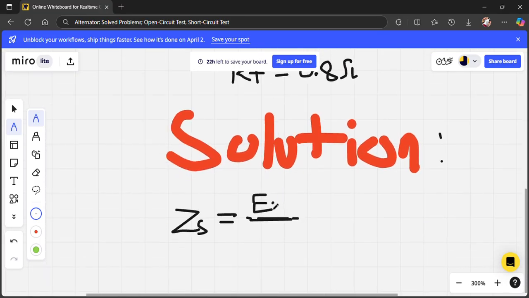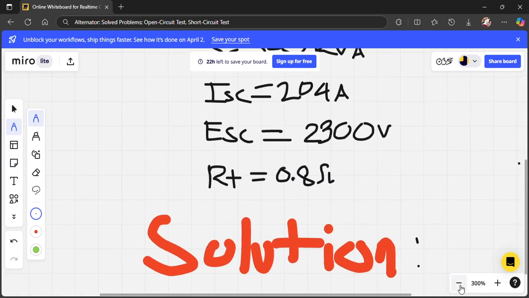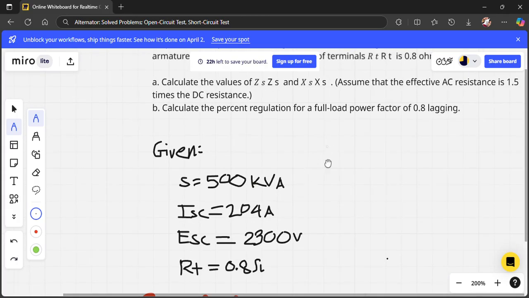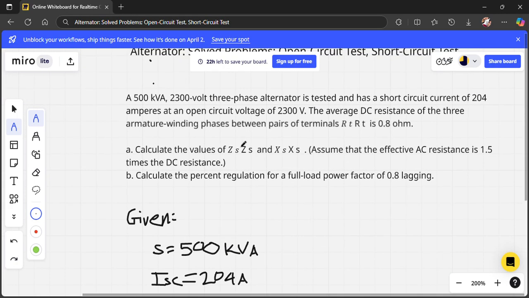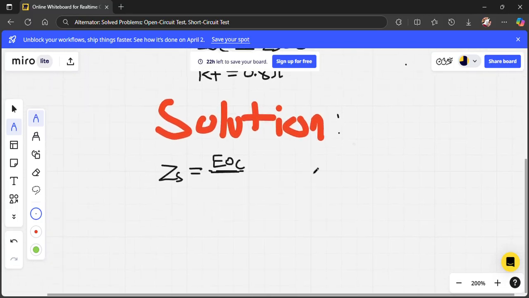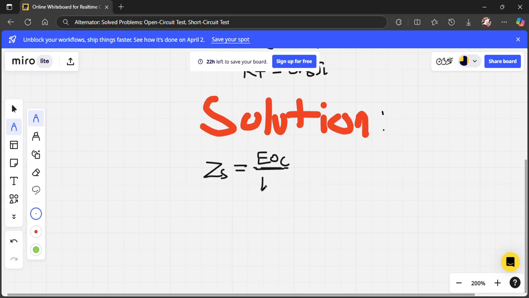Sorry, it's the open circuit voltage, so it should be E_OC. I'm sorry guys, that's a mistake. It's supposedly E_OC, meaning open circuit.